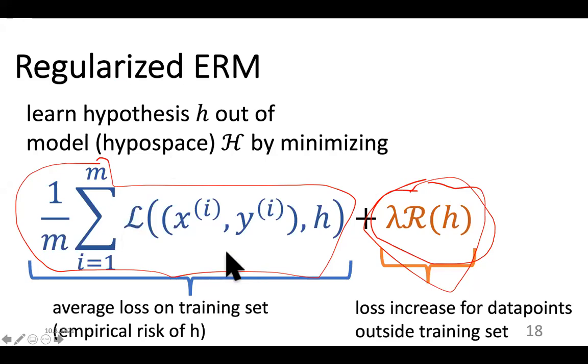To not directly minimize the performance on the training set, but to minimize the performance on the training set, plus some estimate for how much worse the hypothesis H will be outside the training set. I'll give you a hint. You have seen such an approach for decision trees.